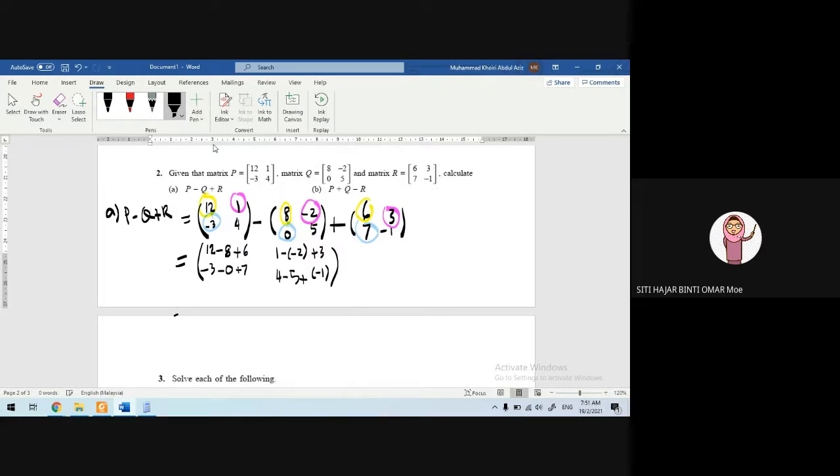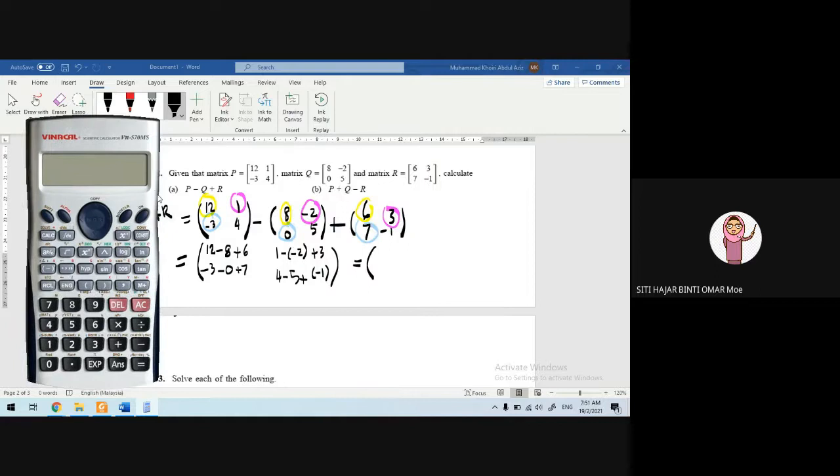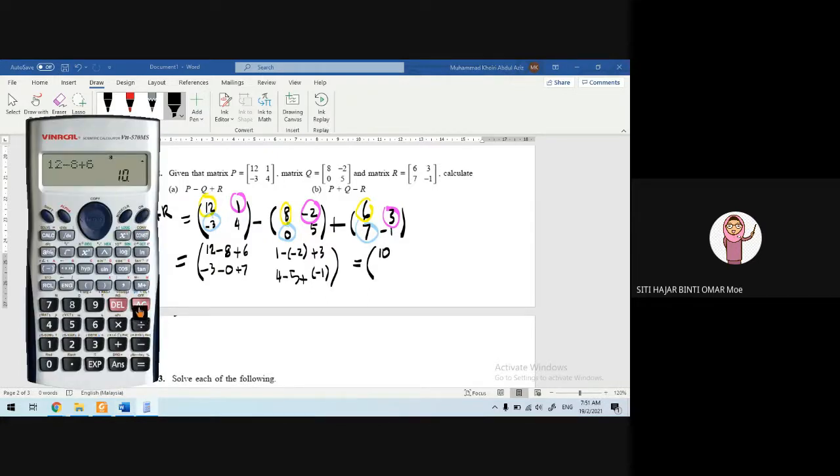Okay. Last step, barulah guna calculator and start. Hitung calculate. 12 minus 8 plus 6. Okay. Then 1 minus kurungan negative 2 plus 3.